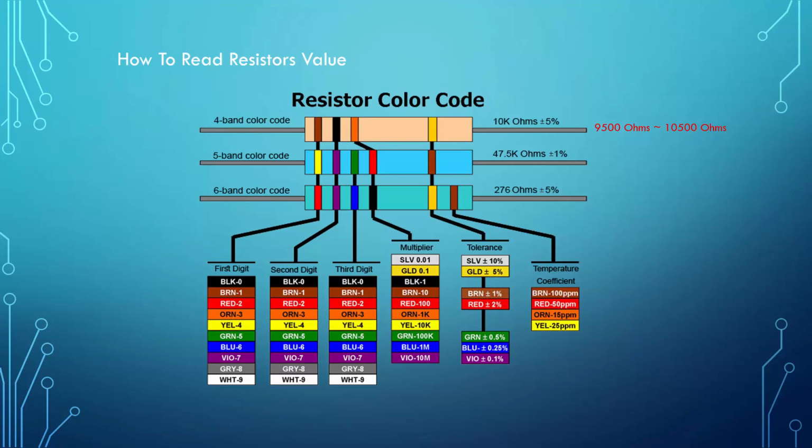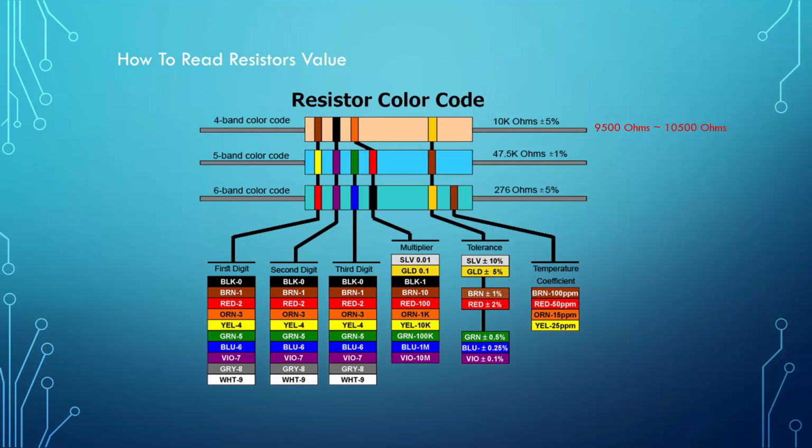The second resistor in our example has 5-band color code. First band is yellow, so first digit is 4. Second band is violet, which is 7. Third band is green, which is 5. And the fourth band is red, which is the multiplier and is 100.